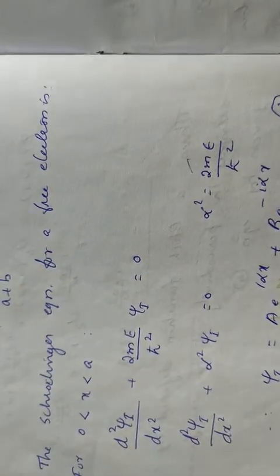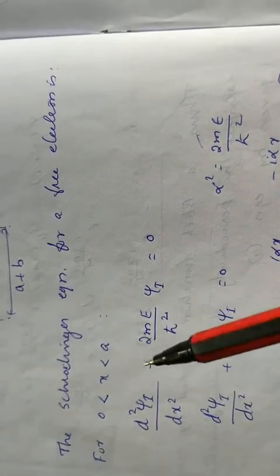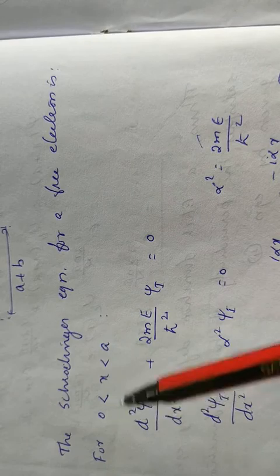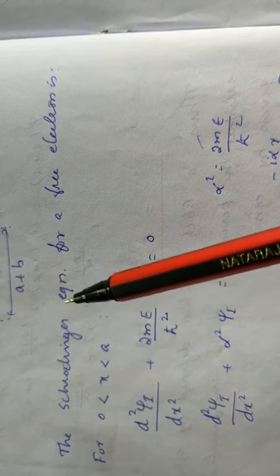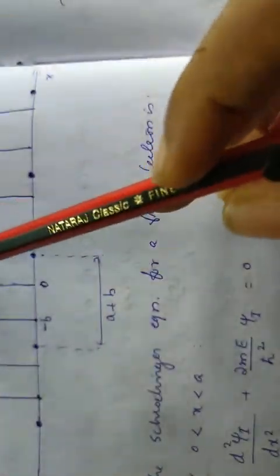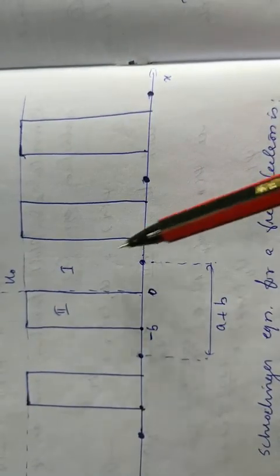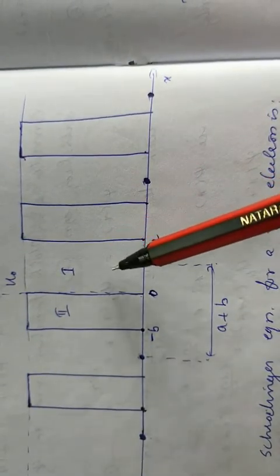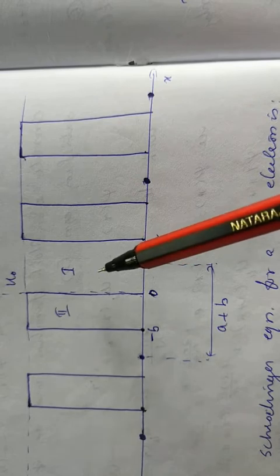Now the Schrodinger equation for a free electron is written for x between 0 and a. In this region the potential is 0.